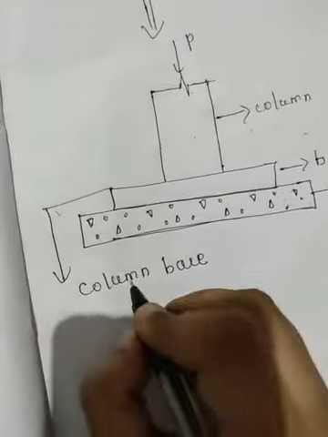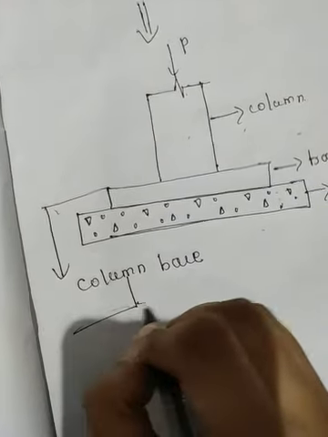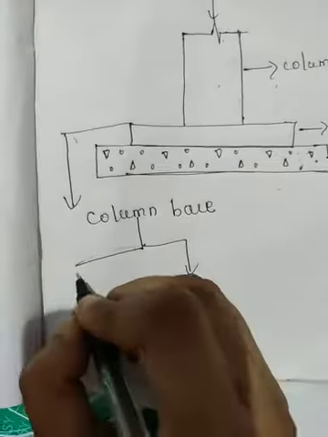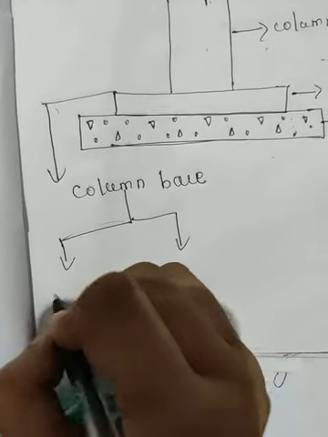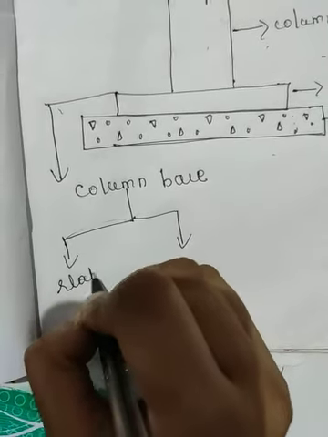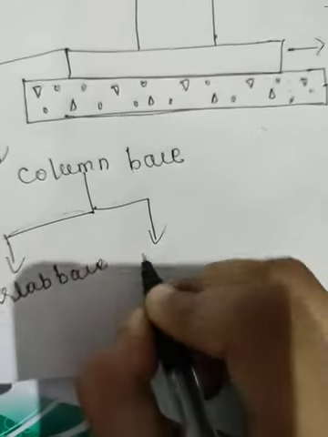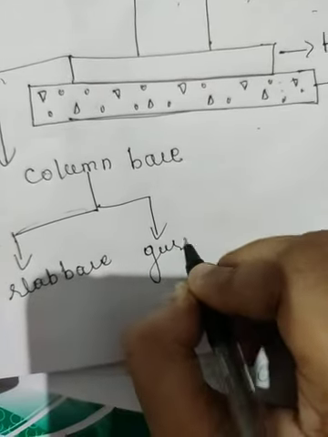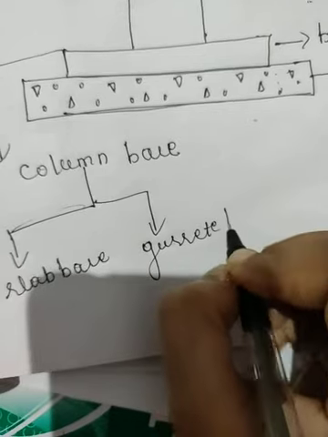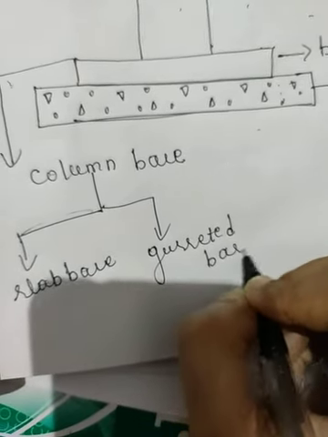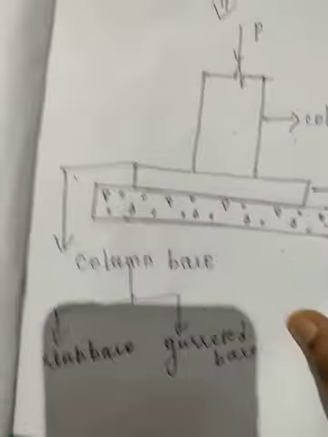Okay, so the column base is divided into two types. First one is slab base, and second one is gusseted base. So first we will see about the slab base.